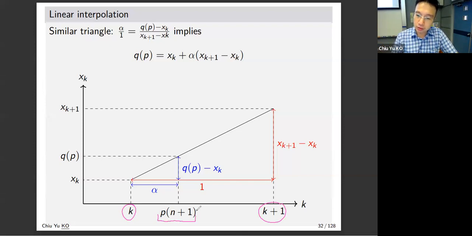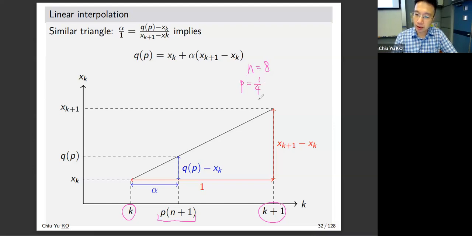So what we are going to do is look at the previous example, where n is 8 and p is one quarter.